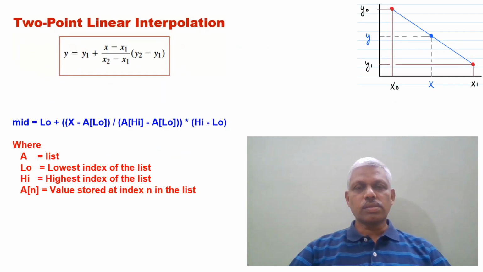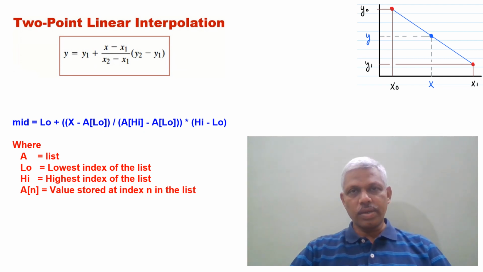In mathematics, the concept of interpolation is used whenever the data values are available at two locations, and we want to know the data value at a given location in between them.